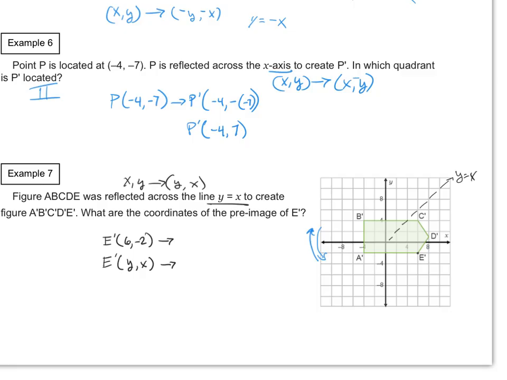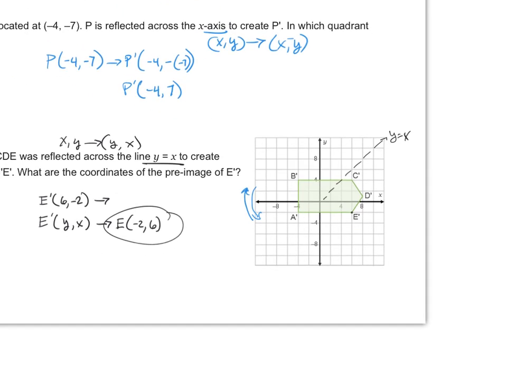So if we switch that, E should be y, which is negative 2, x, which is 6. That should be E. If I needed to look at it graphically, I know that it should make a 90-degree angle with my line of reflection, so I should be continuing over here somewhere.